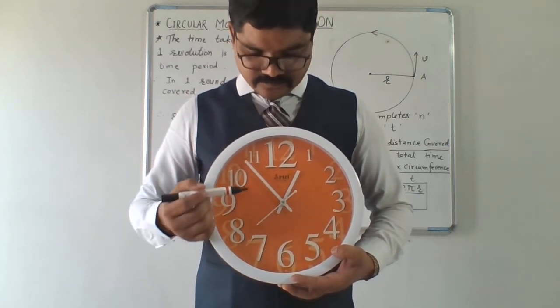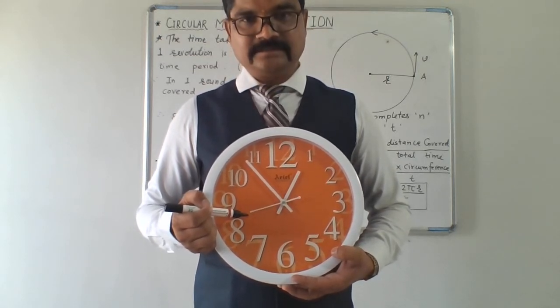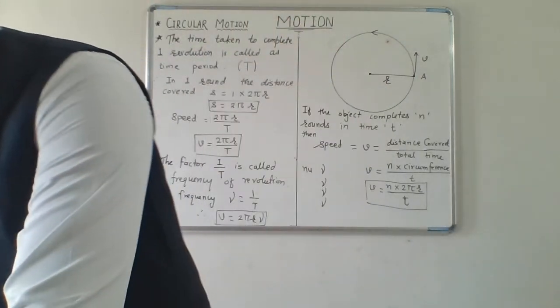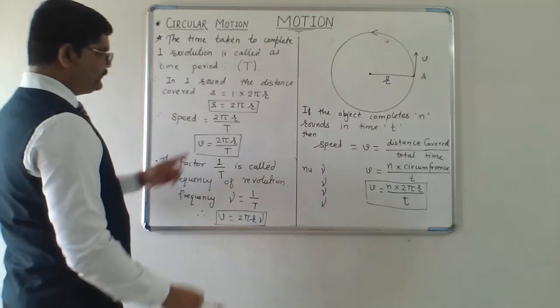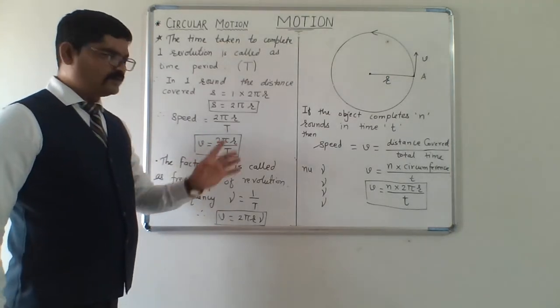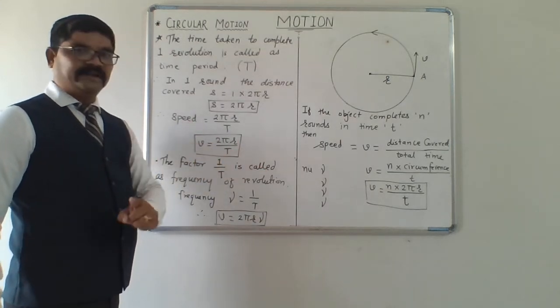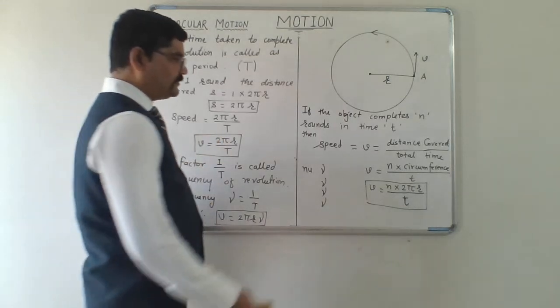If I ask you what is the speed of the second hand, we can calculate it. We can use this formula because we know to complete one round, the tip of the second hand will take 1 minute, that is 60 seconds. So let us solve this.